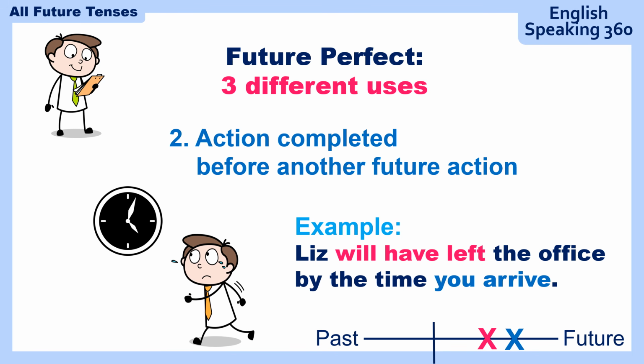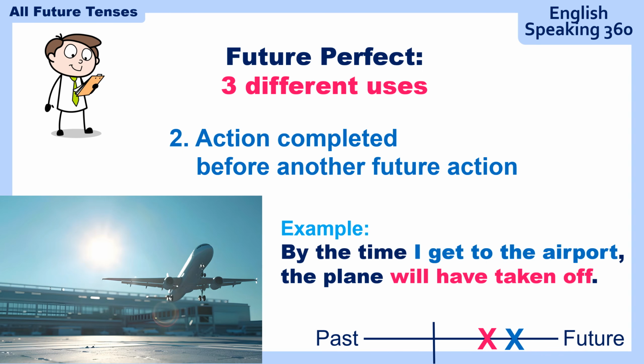So the first one is finished, Liz is gone, and then you will arrive. By the time I get to the airport, the plane will have taken off. So you see the picture is pretty clear. The little guy has just arrived at the airport, but the plane is already in the sky. It has already taken off.